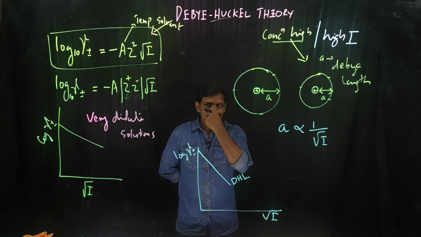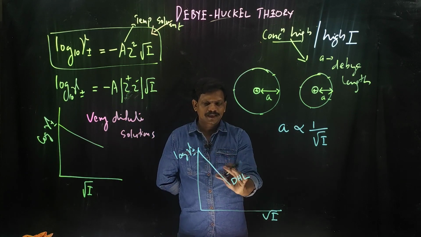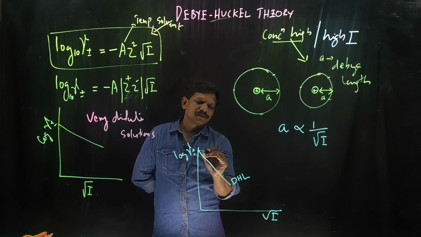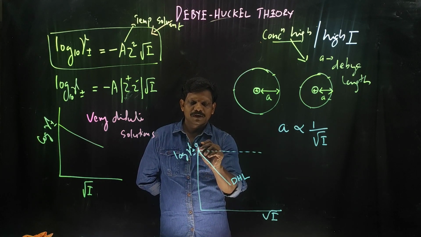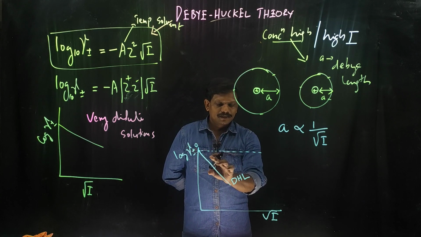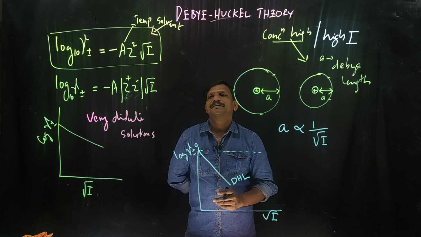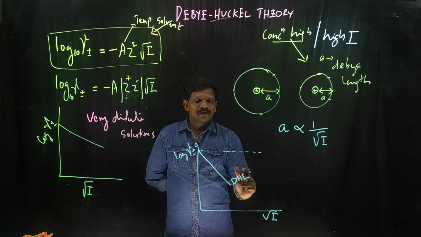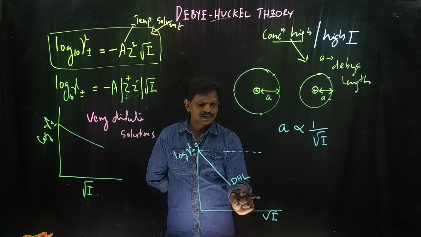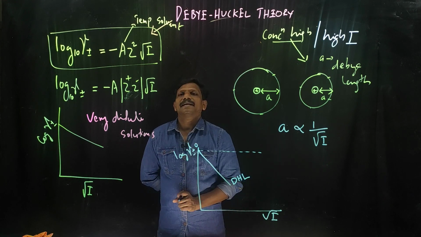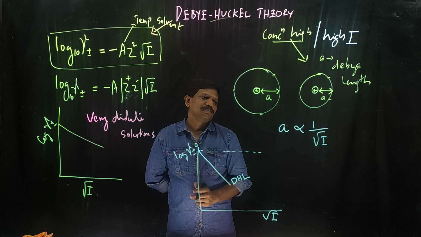L is for limiting law. This straight line is a border line. If you are getting it like this, it means it's ideal, and there is a limitation, a concentration limitation. This is called DHL, that means Debye Huckel limiting law.